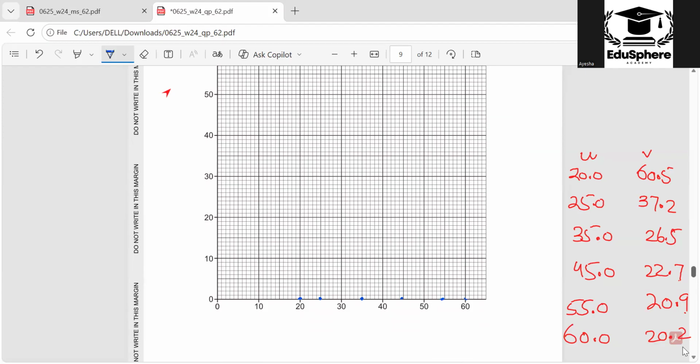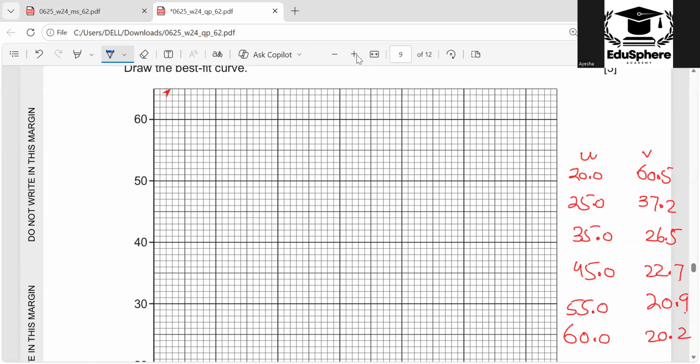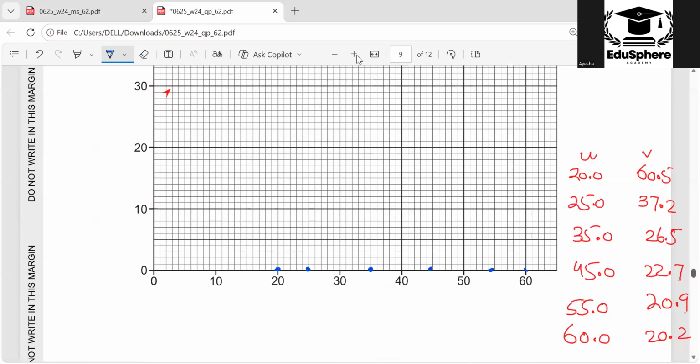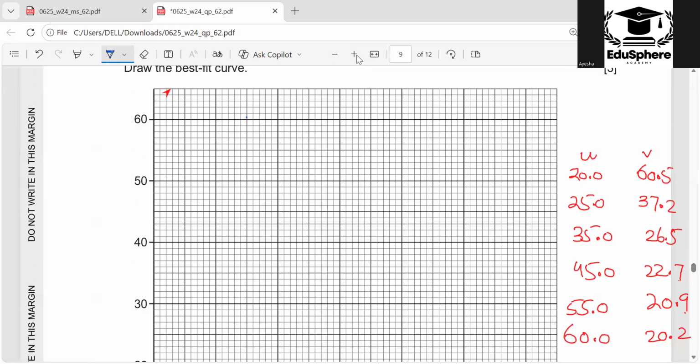At this point, because this is 60.5, first I have to go closely over here. And 60.5 means between 60 and 61. So this is the line and here we are going to mark the point.